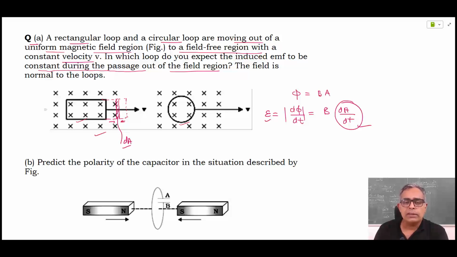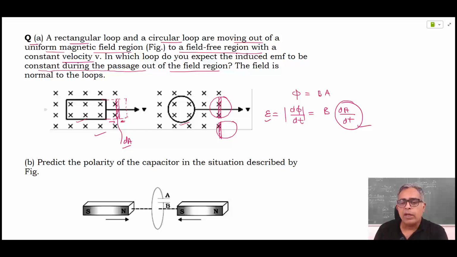But if you look at this circular region, this is a stage when the loop is coming out. If we look at the area that is coming out per second, that is not uniform. There is a difference in area.